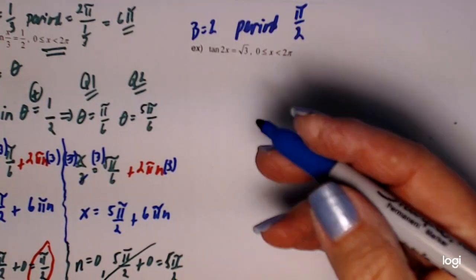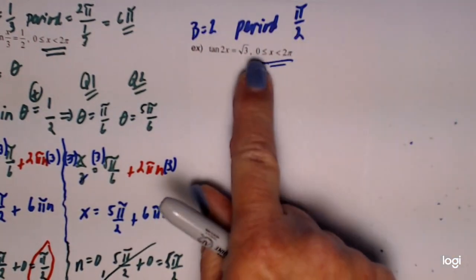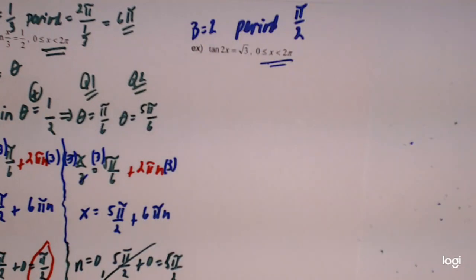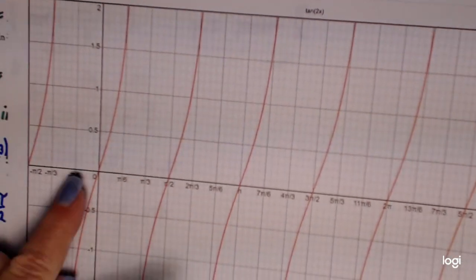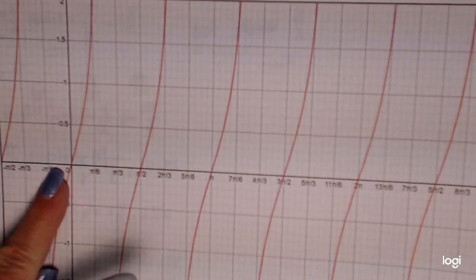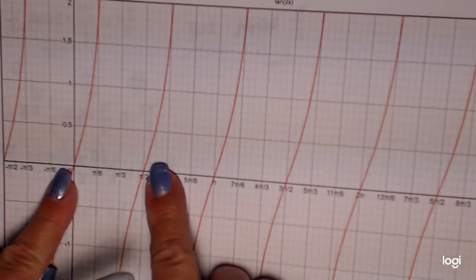And again, for purposes of our answers, we're going to be looking at between 0 and 2 pi, or 360 degrees. So I did graph this one also. And here is our 0. And here is our pi over 2.